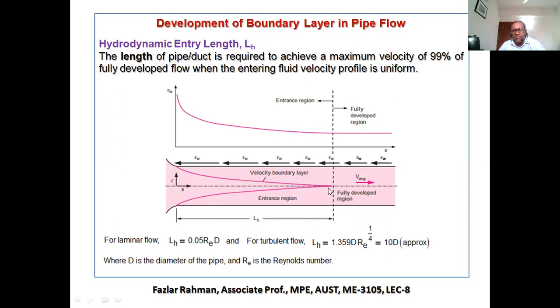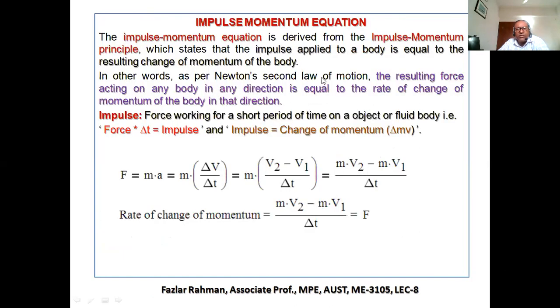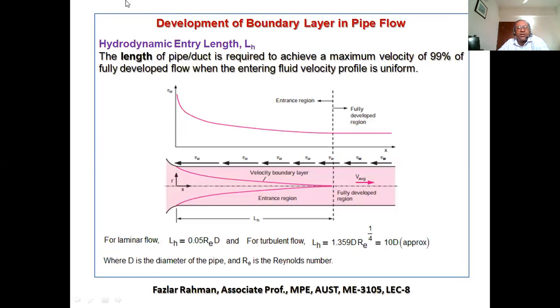After this length, you will not find that much velocity boundary layer, because the fluid right over here close to the wall will still be 0, but the rest will travel almost at the free stream velocity. So this length is called the hydrodynamic length.